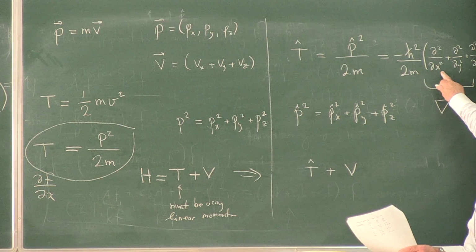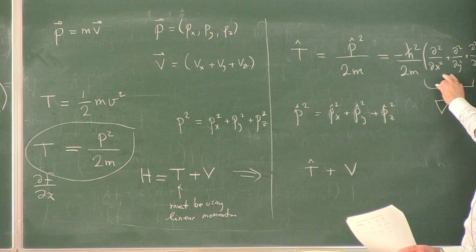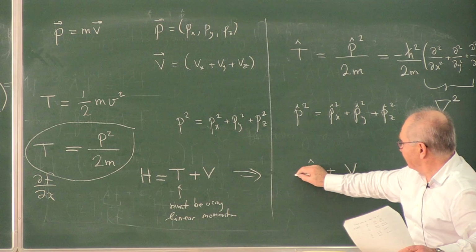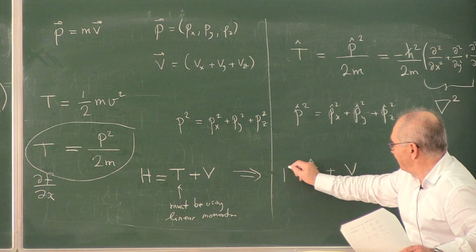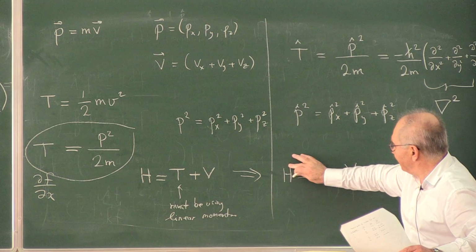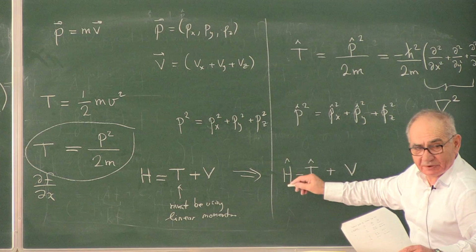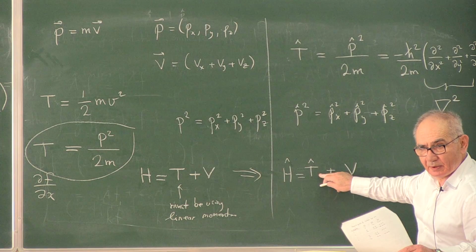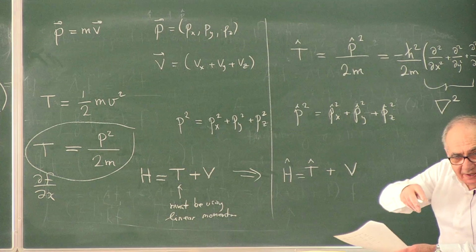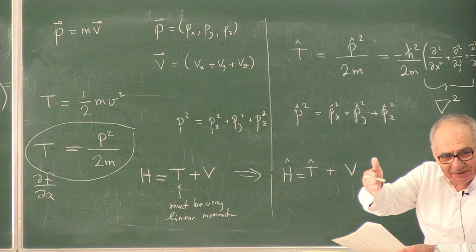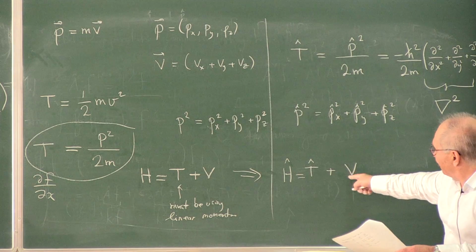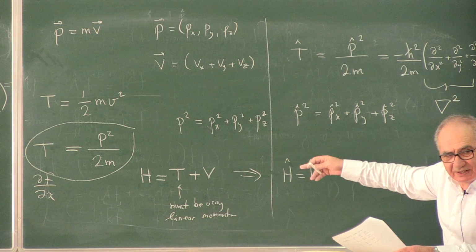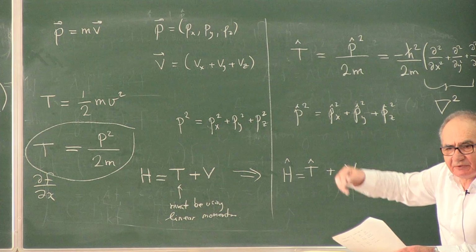Like here, you see these are operators here. Now, because kinetic energy becomes an operator, the Hamiltonian becomes an operator because of this term. Operator means it's something different from a scalar, all right? You have a sum of two terms here. One of them is an operator, therefore the result cannot be a scalar. It must be something different.